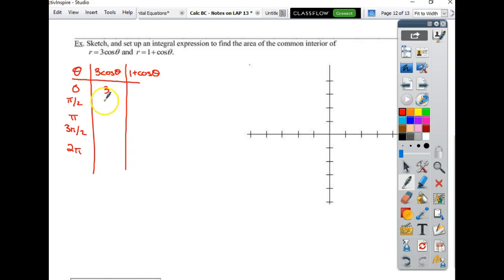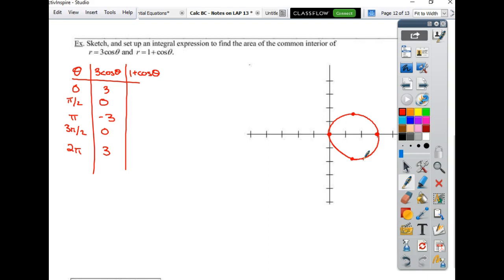Cosine of pi/2 is 0, so this becomes 0. At pi, this is a negative 3, 0, and 3. So we've got 3, 0, negative 3, 0, 3. But again, if you start realizing you're just bouncing between the 2 points, you realize that's going to have to be a circle. It's a really crappy circle.